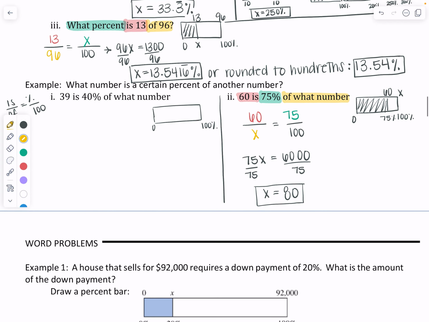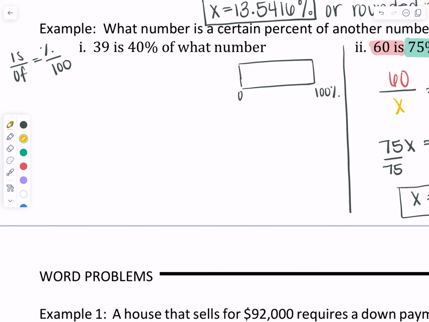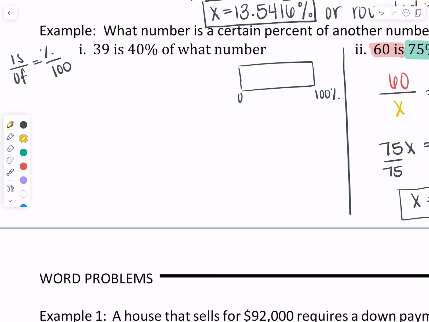All right, last one says what number is a certain percent of another? 39 is 40% of what number? Okay, so I wrote this little sheet here in the corner. "Is" over "of" equals percent over 100. So I've got my percent bar to 100. 39 is, okay, so that's going to be my part.